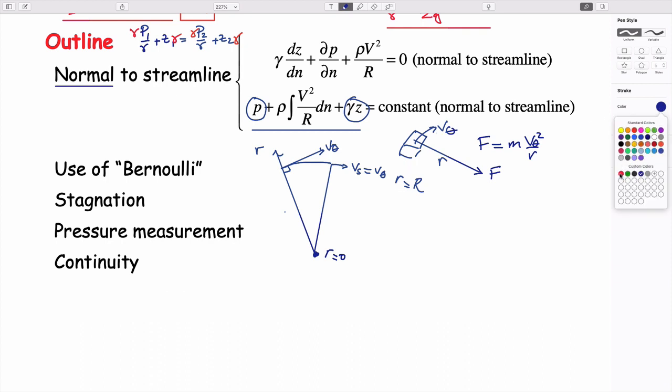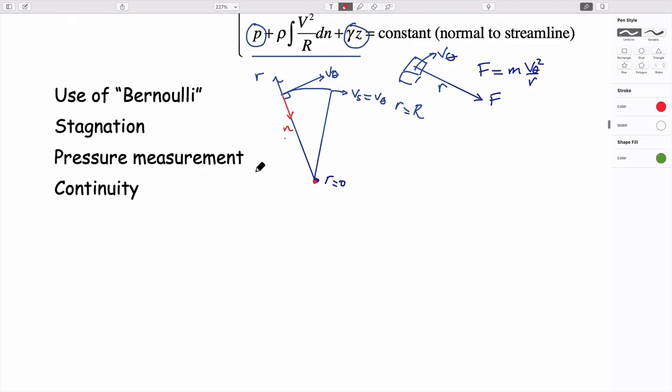But the other thing we should mention is that we can also define a direction normal to this, which we'll call n. And n points in towards the center of rotation, which is the opposite direction from r. They're directly opposed to each other. And so if you look at those locations, we can define a few things.